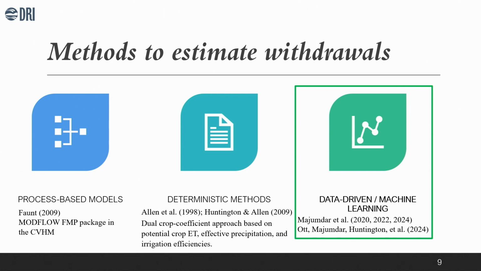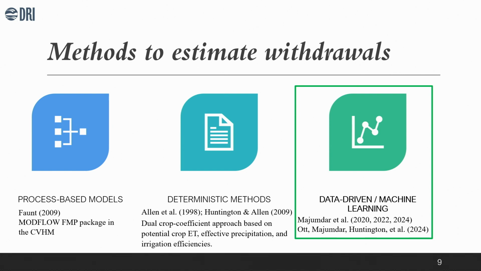I aggregated, in literature I found there are 3 methods to estimate groundwater withdrawals. The first one is through process-based models. This is similar to the Central Valley hydrologic model developed by Claudia Faunt, which uses the MODFLOW Farm Process. Then there are deterministic methods, which use the dual crop coefficient approach, relying on potential crop ET, effective precipitation, and irrigation efficiencies.